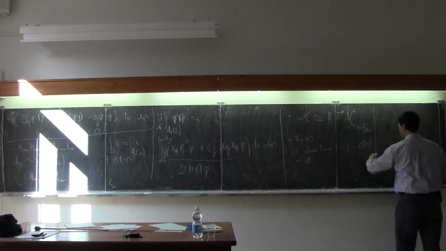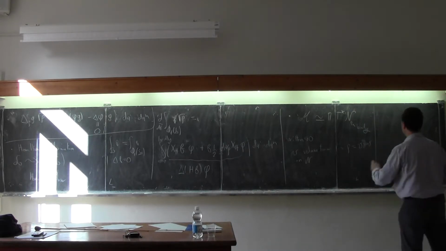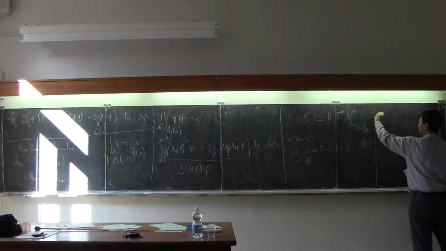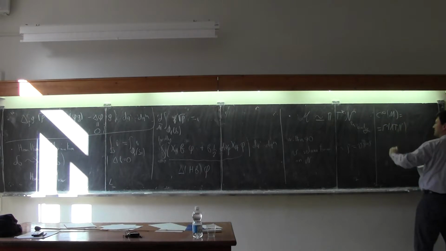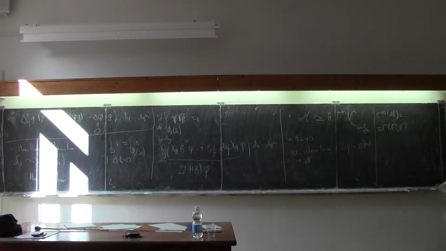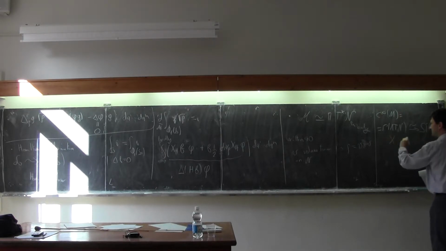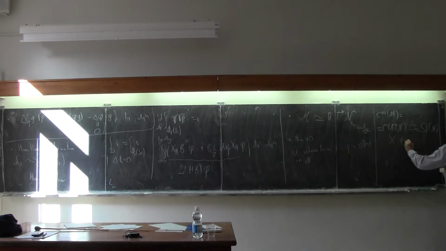And then you also have a nice geometric interpretation of the BV operator. Functions over M in this representation are the same as sections of the exterior algebra of TN, which are multivector fields. But this turns out to be isomorphic to differential forms on N. The isomorphism is as follows: you start with a multivector field, and you map it to its contraction with the chosen volume form. So this maps multivector fields to differential forms.